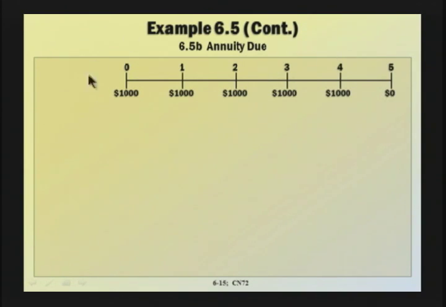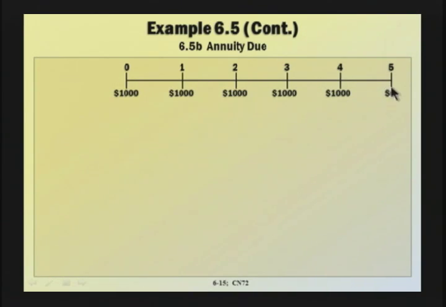Here is the annuity as if it were an annuity due, where you do make the first $1,000 deposit today, and you make one at the end of each year for 4 years. Well, that is really the 5-year ordinary annuity with each payment just slid 1 year closer to us. So the 5-year ordinary annuity had a $1,000 payment here and had 0 here.